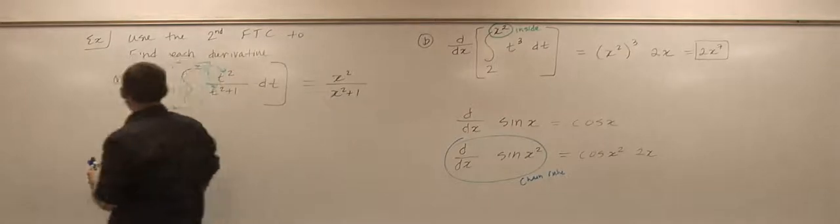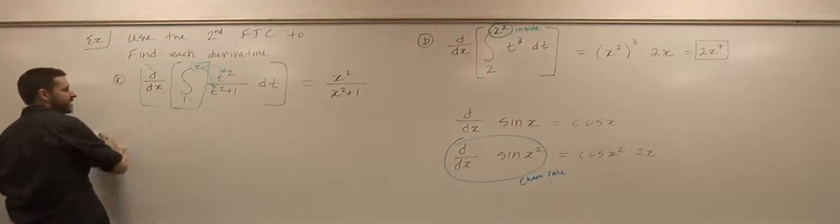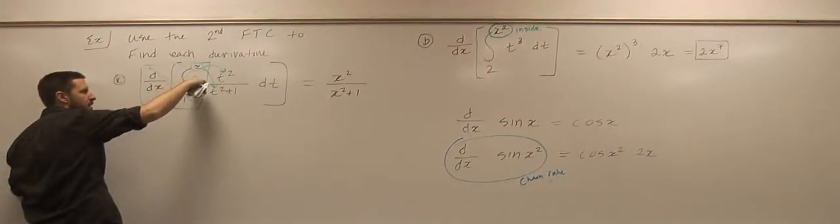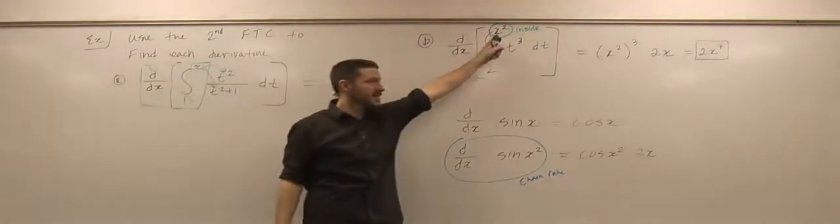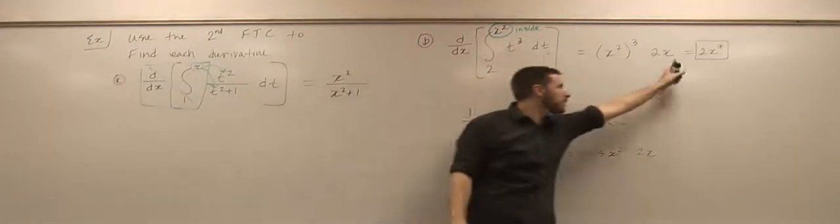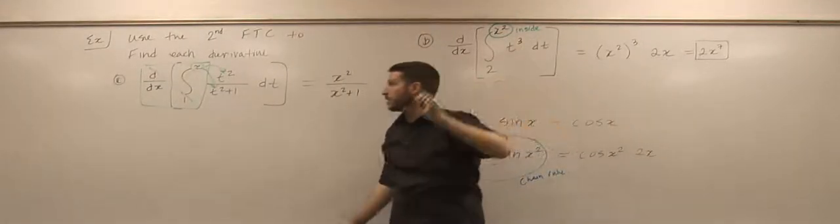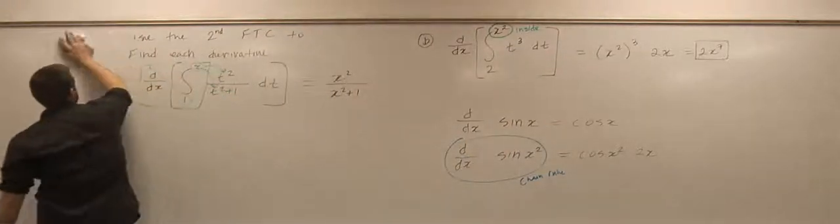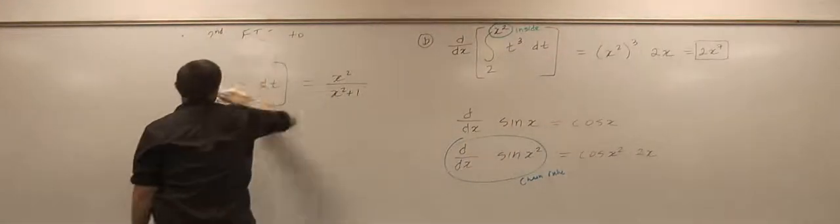So if you have an x up top, that's perfect. That's exactly what the second fundamental theorem will help you with. If you have something more complicated than an x on top, you have to multiply by the derivative to make up for it. By the chain rule.